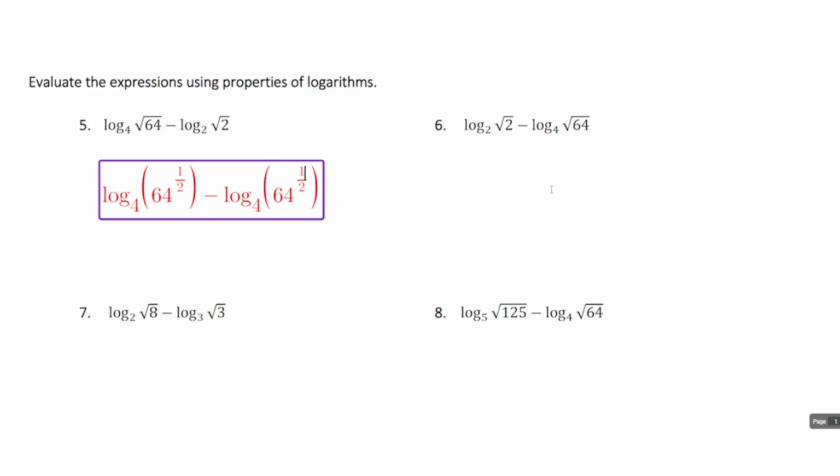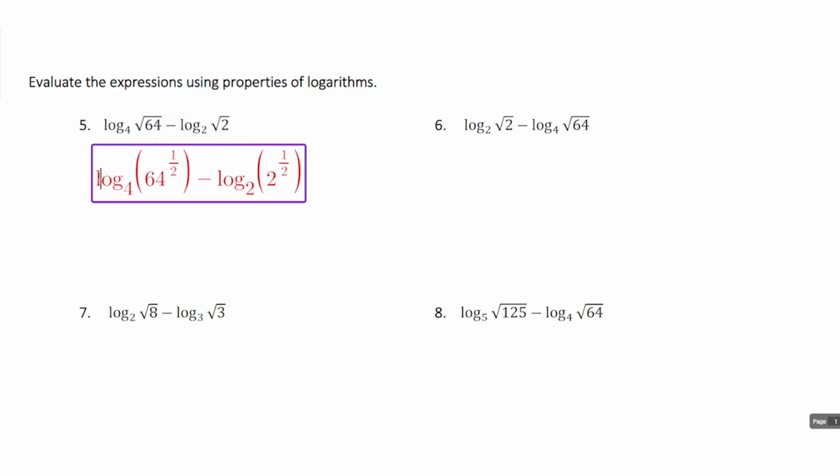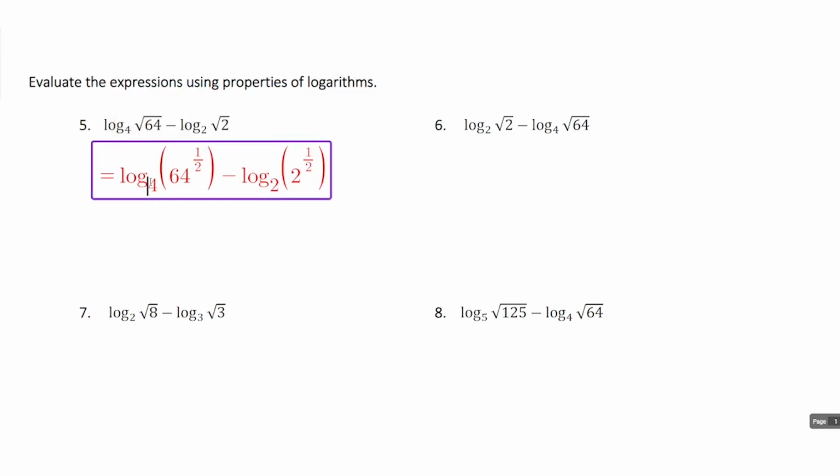So this next one I have log base 2 of root 2, which would be equivalent to log base 2 of 2 to the 1/2. So again, anything that has a square root on it, we're going to rewrite as a 1/2 power. And we'll do that for all of these, actually. It just makes the whole problem go a little easier.